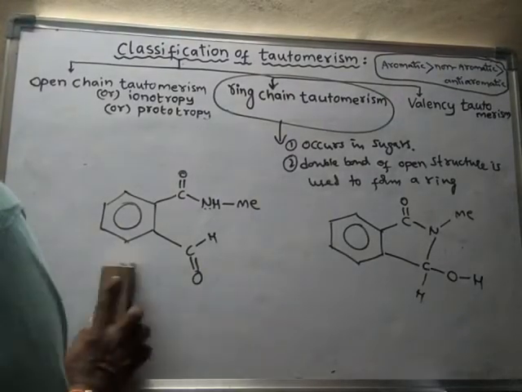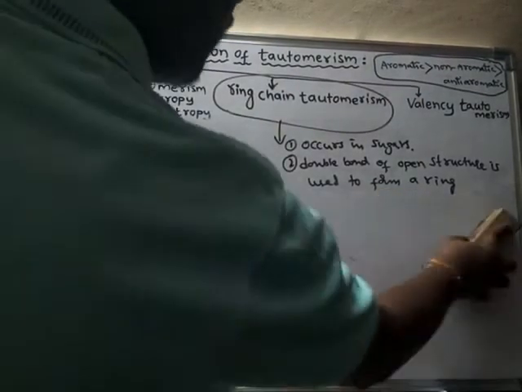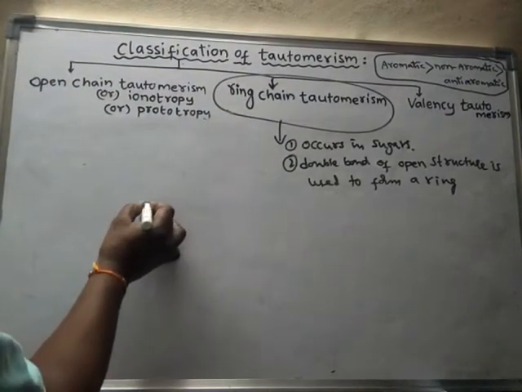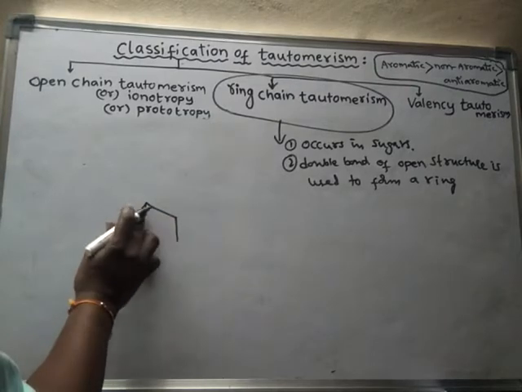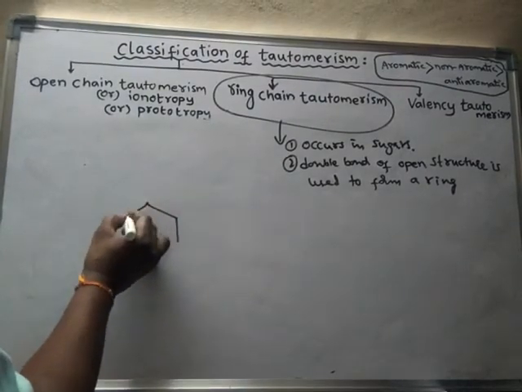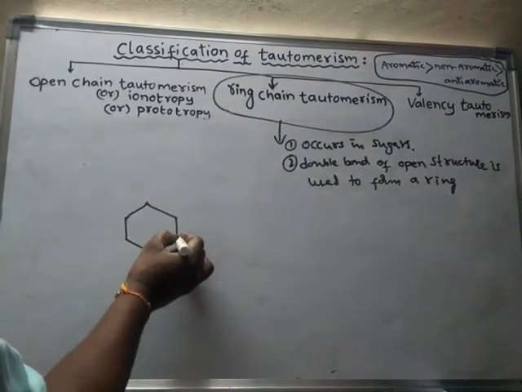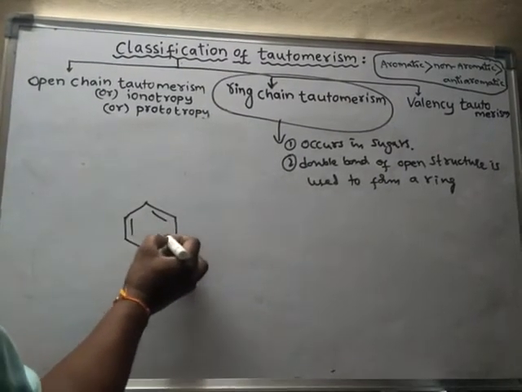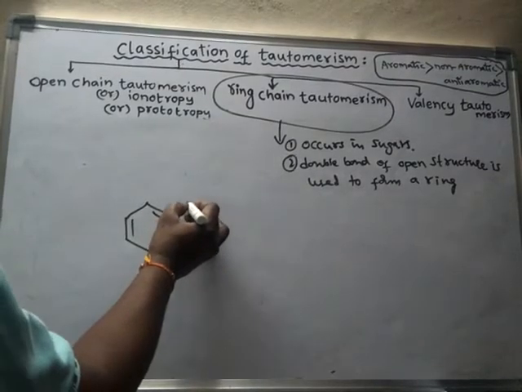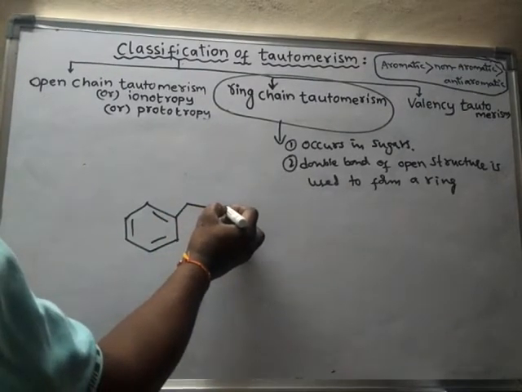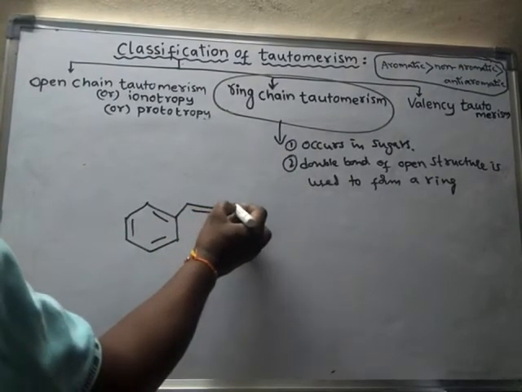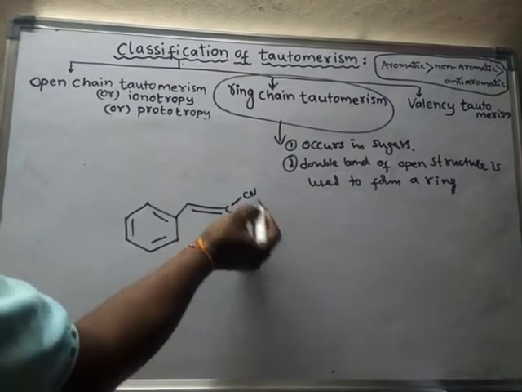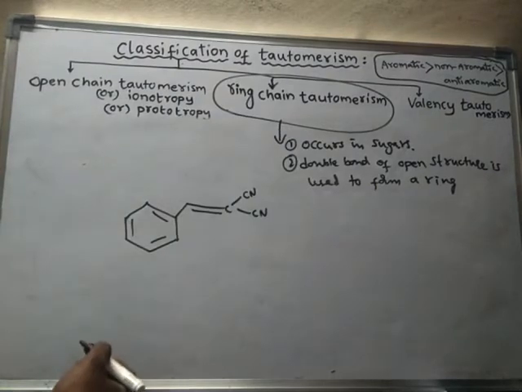Another example for ring chain tautomerism we will see. Here two cyanide groups are on the carbon.